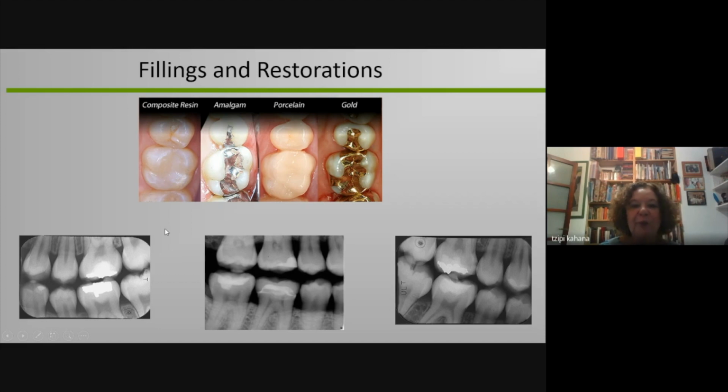It is customary to insert within the composite some kind of radiopaque material to make sure that we can see it in the radiograph. The porcelains are very difficult to see. The porcelain itself here, you see nothing. What you see is only the part that is holding this porcelain onto the tooth.